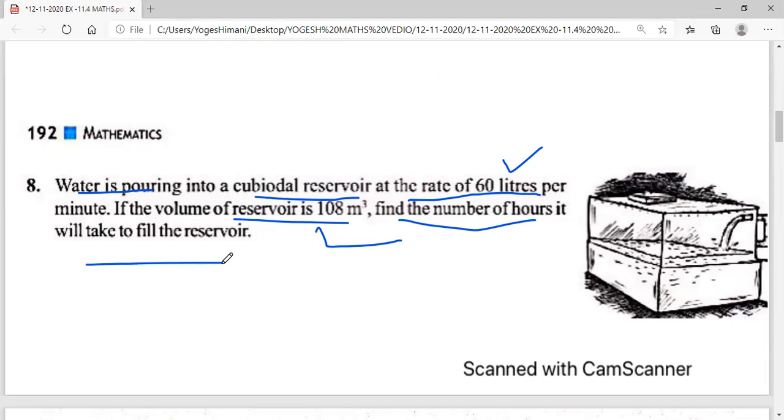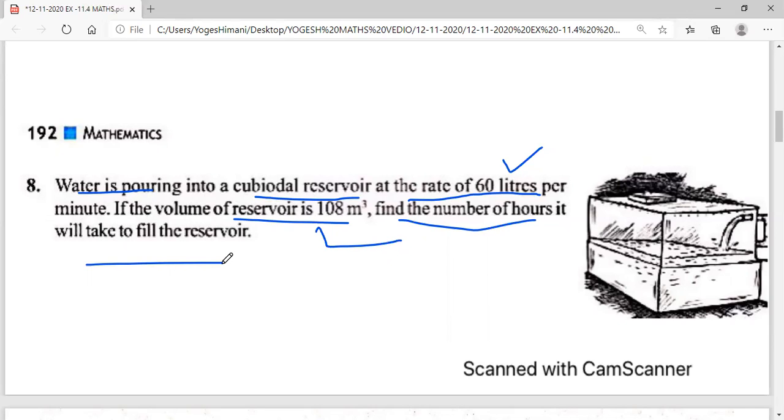So all are able to understand the question. Question is very simple. Water is pouring into cuboidal reservoir at the rate of 60 liter per minute. एक मिनट में 60 लीटर वाटर उसके अंदर एंटर करता है. Then we have to find out the volume. If we have a volume is 108 meter cube. Okay, volume is given. Entry speed of the water is 60 liter per minute. We have to find out the number of hours.